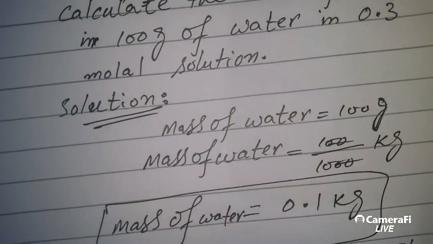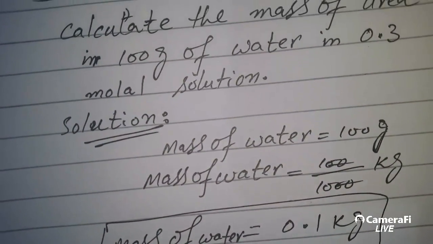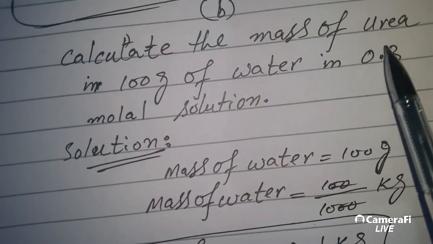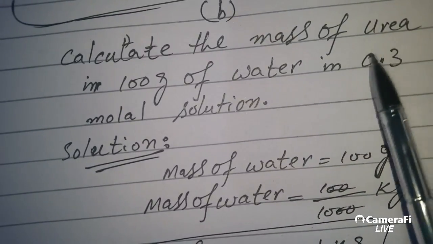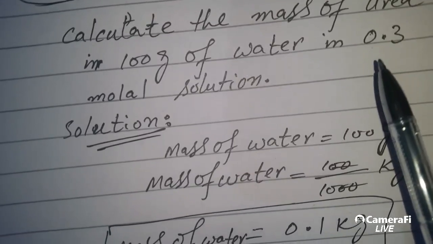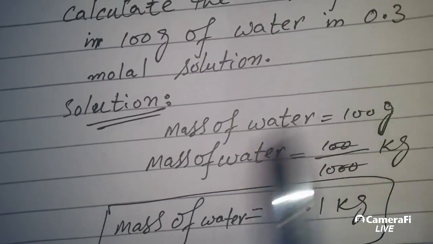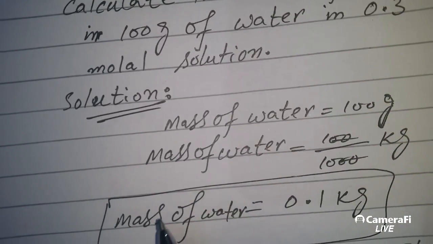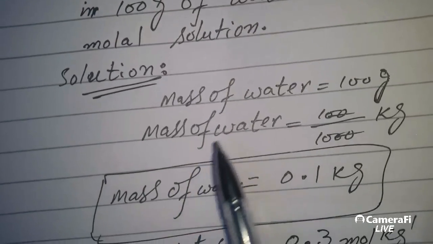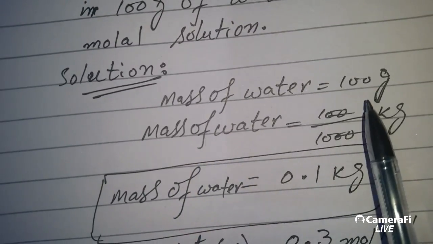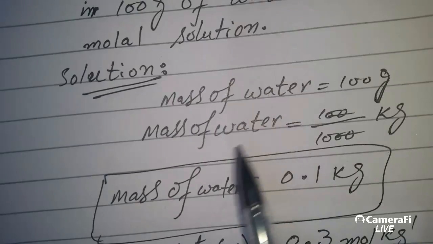So we need number of moles of solute, and in this case we have urea as solute, so we need to find the number of moles of urea. For that we need its mass, which is given. I think it's not given.